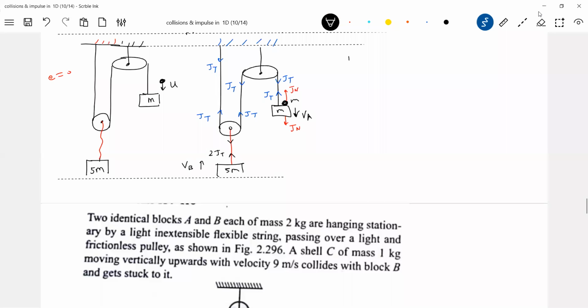mu minus Jt is equal to (m plus m) into va. Then here 2Jt is equal to 5m into vb.